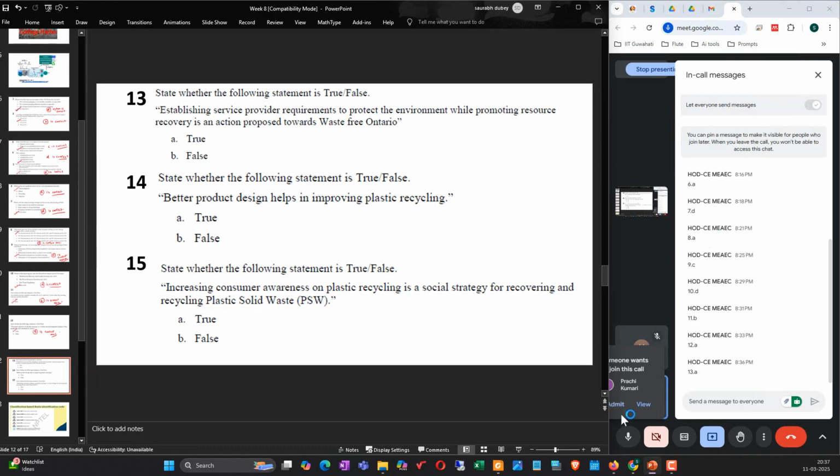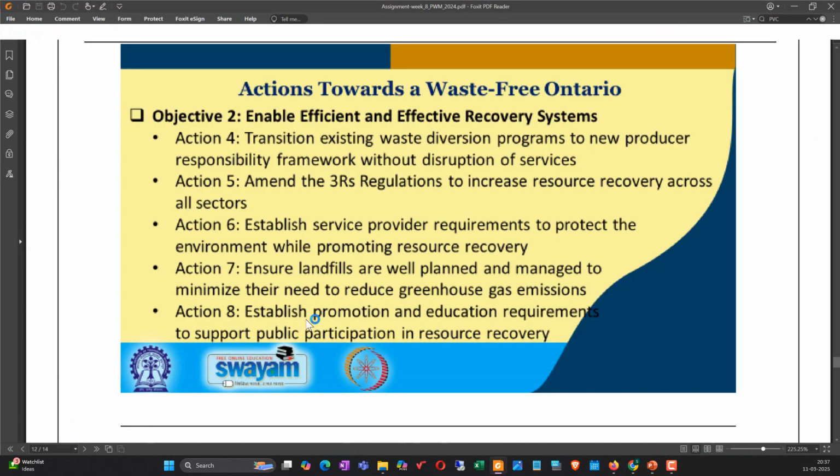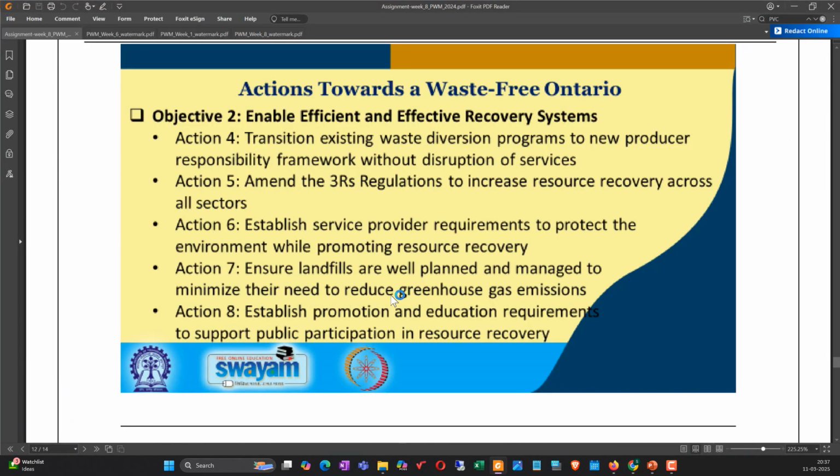So this is the last question: establishing service provider requirement to protect the environment while promoting resource recovery. It's a true one, right? And here this ensures landfills are well planned and managed to minimize the need to reduce greenhouse gases.